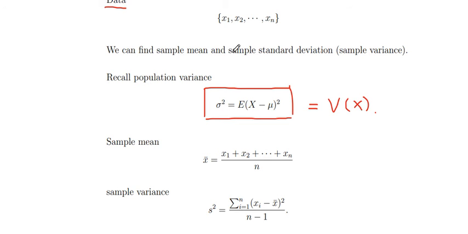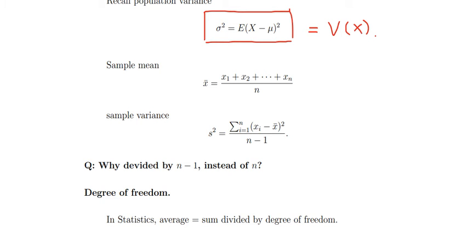Then this x can be x1, x2, so the squares are x1 minus x bar square, x2 minus x bar square. We add them up and divide by n. But the formula is to divide by n minus 1.